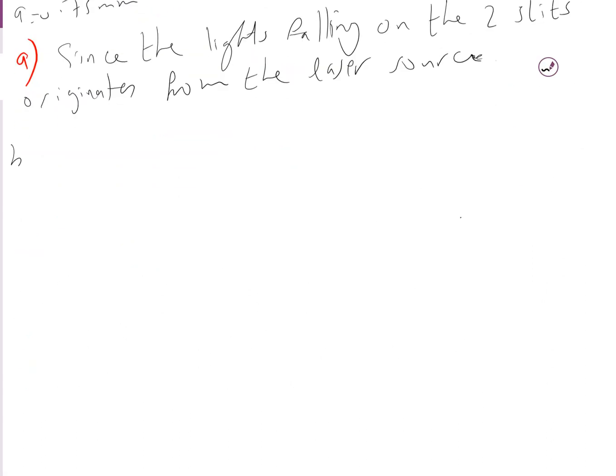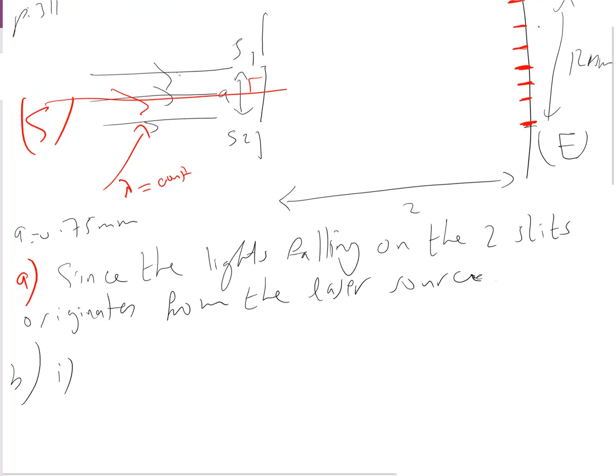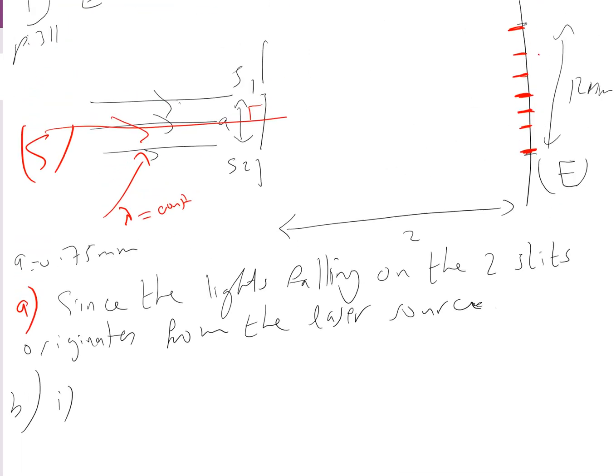Part B. Use the figure to part 1. Describe the phenomenon observed on the screen. Okay, on the screen we will observe alternative bright and dark fringes, that is, bright fringe, dark fringe, bright fringe, dark fringe, and from the other side, bright, dark, bright, dark.